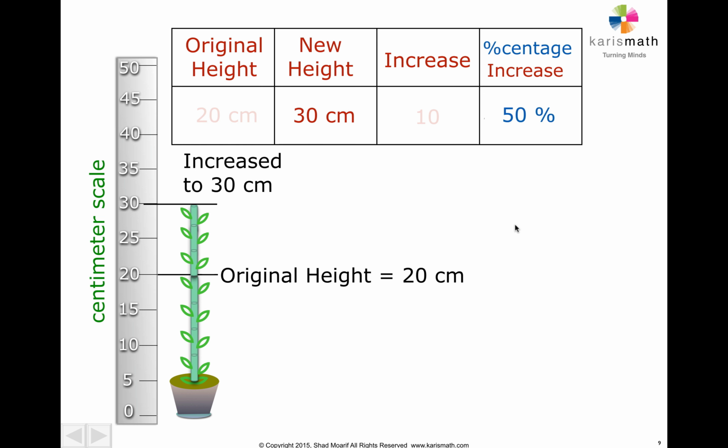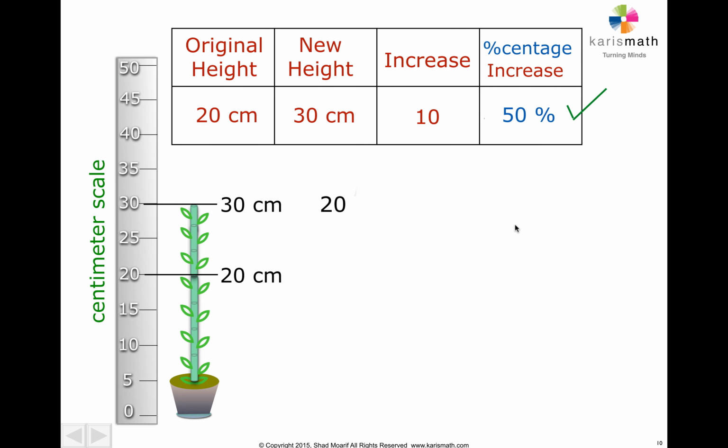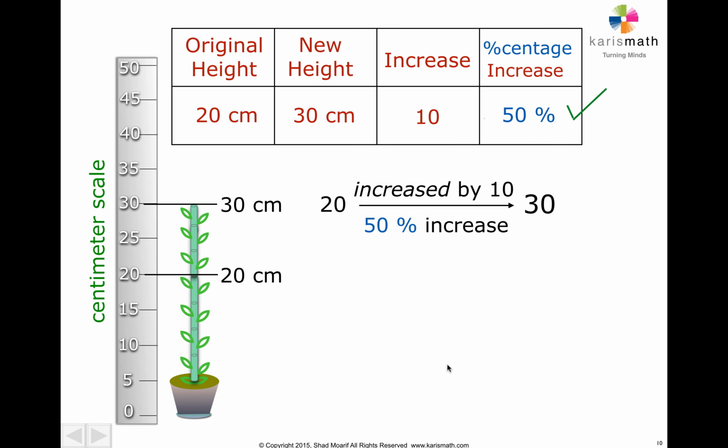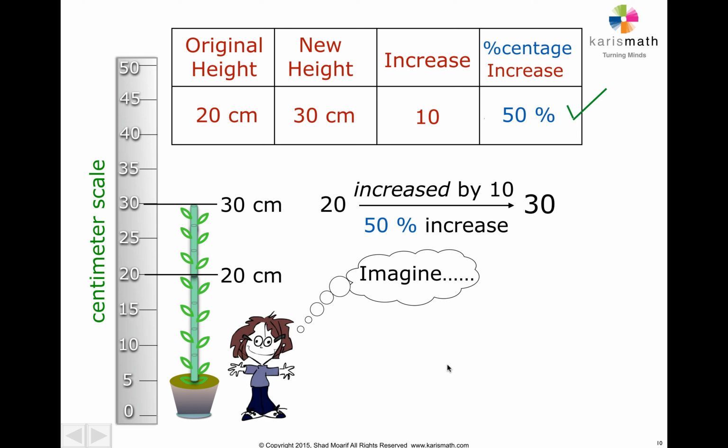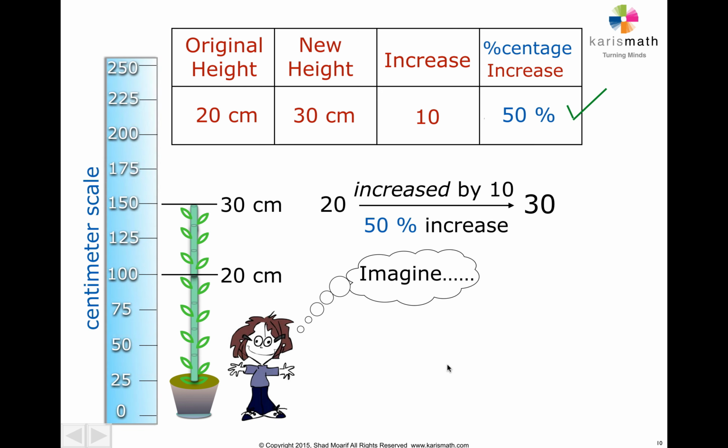And the moment we say it, you understand right away exactly what it means. It means that you imagine if the plant was 20, it increased to 30, that 50% increase you can imagine as, imagine the plant was once 100 centimeters long, and now the height has become what? 150 centimeters.